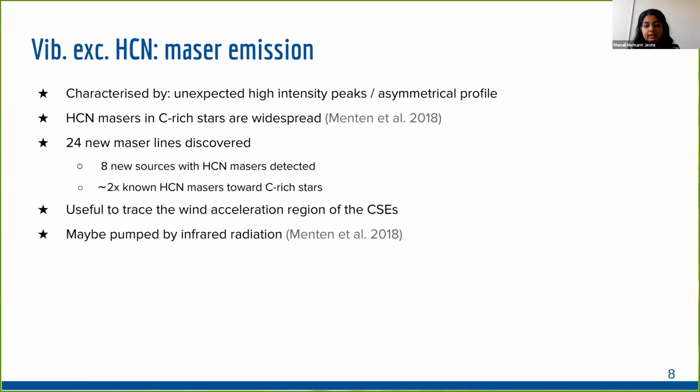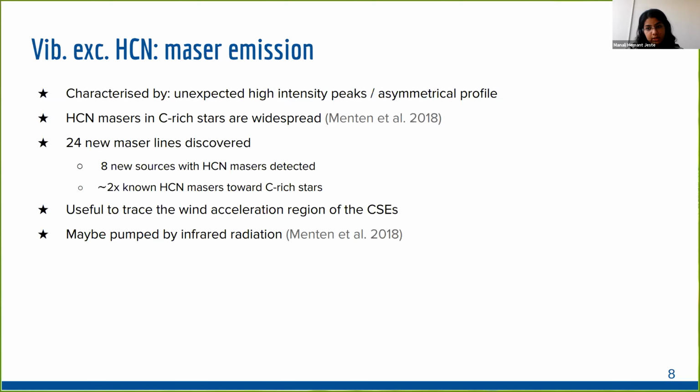Since these lines are quite narrow, they are quite useful to trace the wind acceleration region of the envelopes of these stars. But we don't know exactly their origin. Menten et al. said that they could be pumped by the infrared radiation taking place around the star.